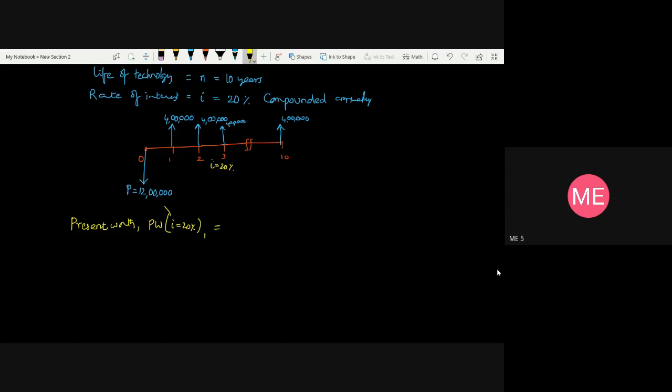Present worth means we need to calculate the present worth of each cash flow. Here this forms a uniform series of the same cash flow, so it shows the annuity.